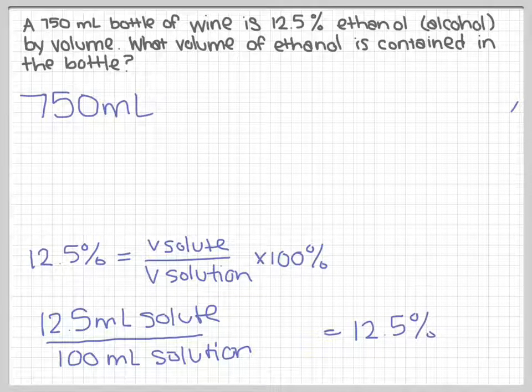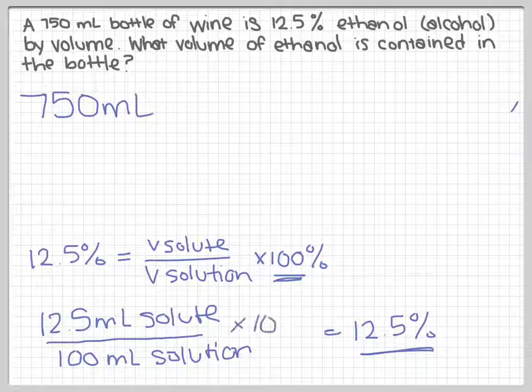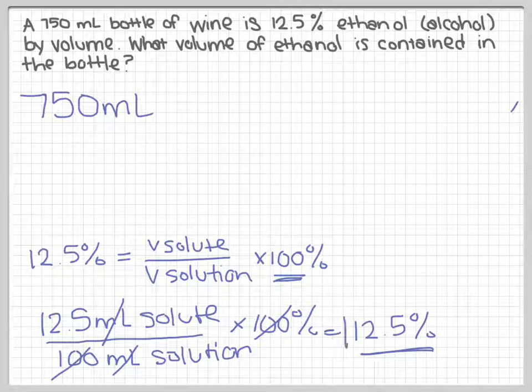Of course, to get my concentration of 12.5%, I would take 12.5 divided by 100, and I'd have to use this times 100%. Okay, my milliliters cancel out. 100 being multiplied here, 100 being divided here. This is going to show you that this concentration of 12.5% is the same as a conversion factor of 12.5 milliliters of solute per 100 milliliters of solution.